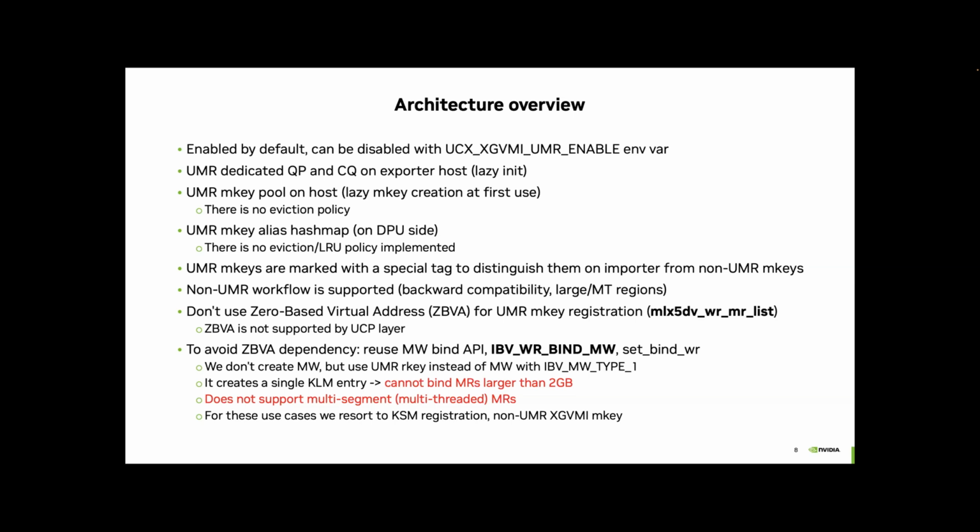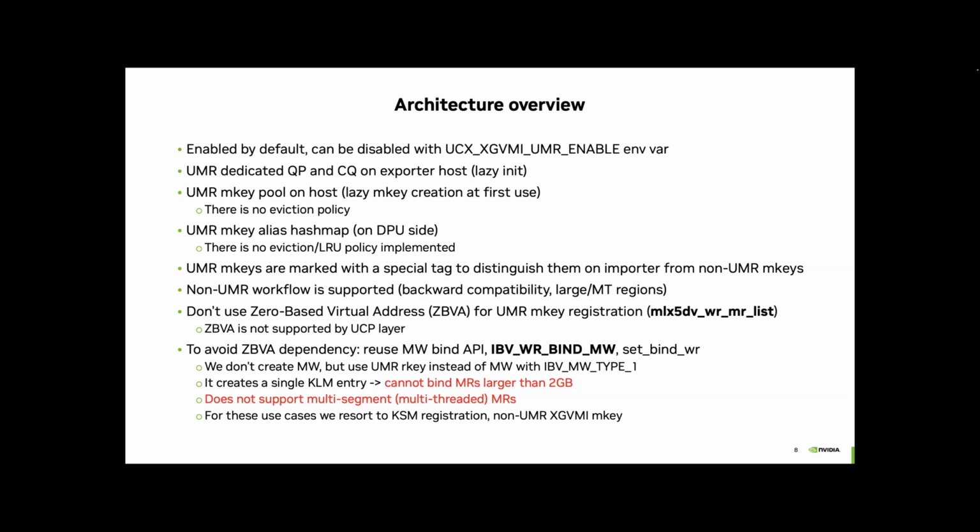And currently there is no eviction policy, which means that those keys remain in the memory pool during the entire application lifetime. I don't know if it can be a problem. Typically there is an initial burst at startup time, and then we need to keep in mind that those keys remain in memory. And then there is a corresponding hash map of aliases on the GPU side.